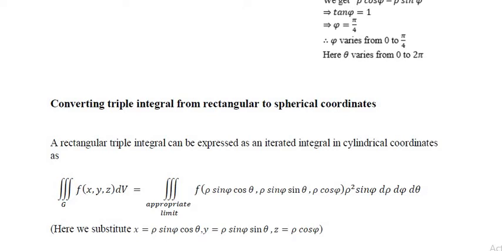That is, we are substituting x as rho sine phi cos theta, substituting y as rho sine phi sine theta, and substituting our z as rho cos phi. And dv is equal to rho square sine phi into d rho d phi d theta.